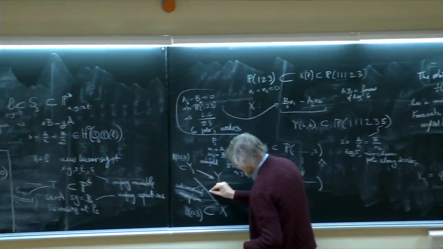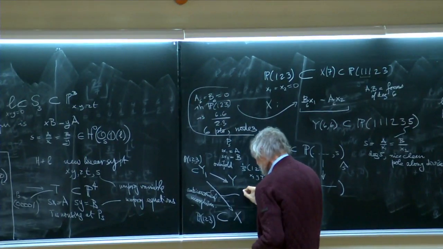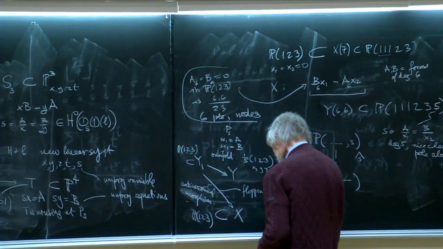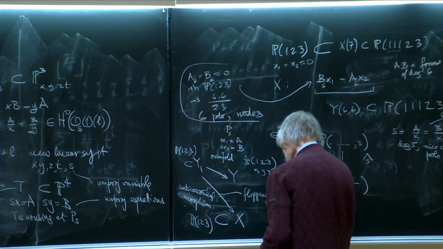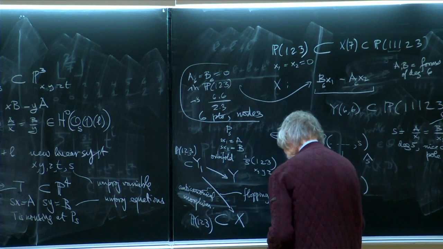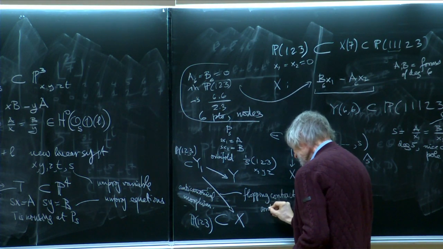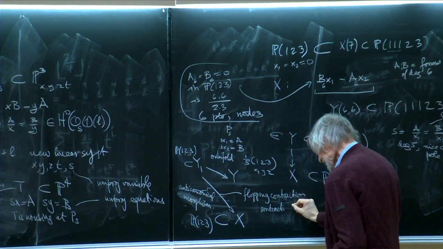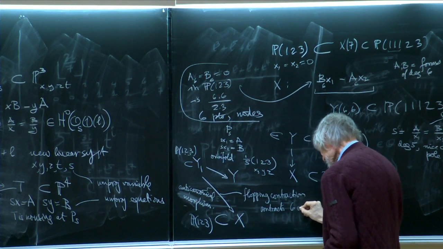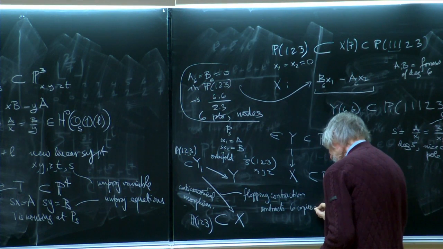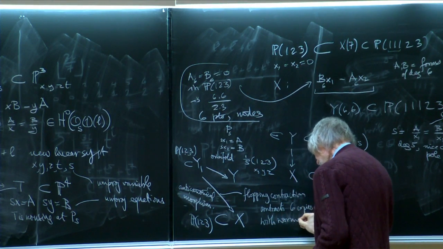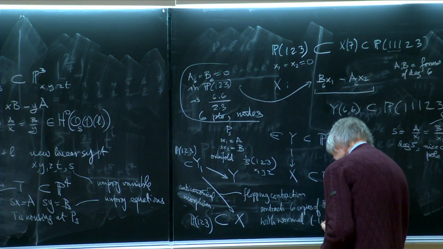And so here this is a flopping contraction. Right? It contracts, in this case, I'm assuming everything is general, it contracts 6 copies of P1 with normal bundle -1, -1.